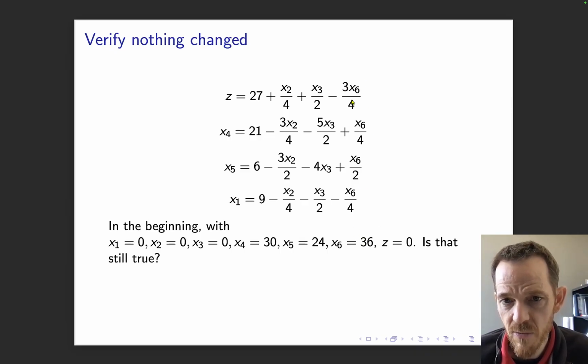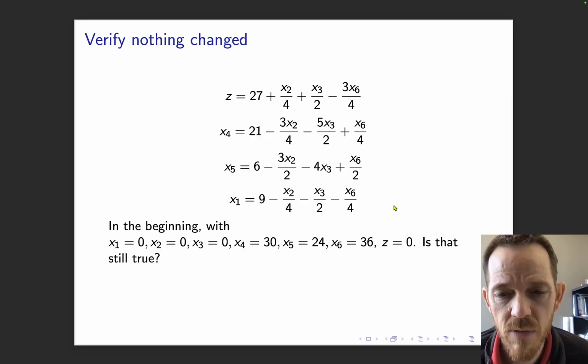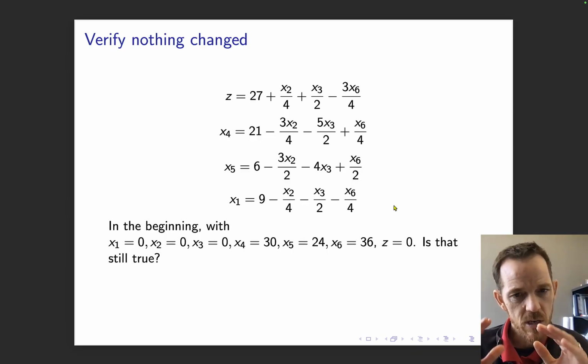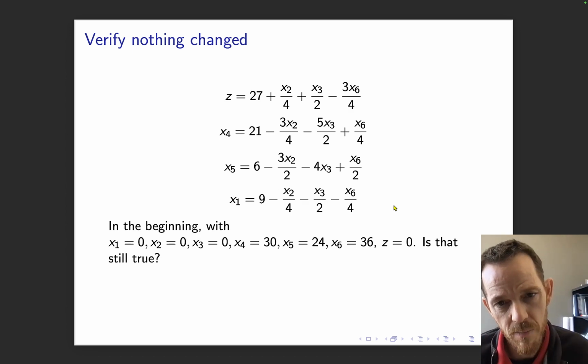Well, 36 divided by 4 is 9. 3 times 9 is 27. So 27 minus 27 is 0. We could verify that for all of these to make sure we didn't make any mistakes. This is just to reinforce that we haven't changed the problem. We've only changed our equation. We're trying to maximize z.